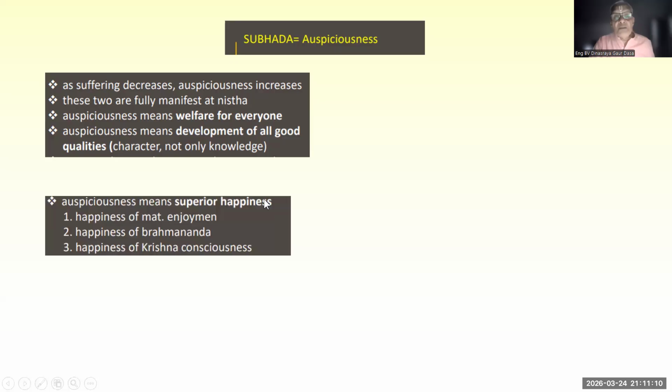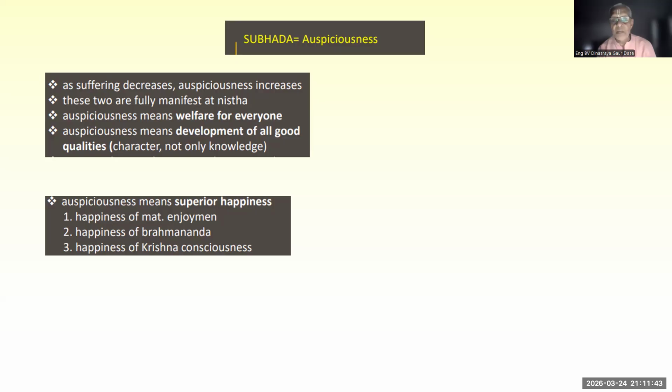So auspicious means superior happiness. Now happiness has again been divided into three. One is material enjoyment or material happiness. Second is the happiness of Brahmananda. And third is the happiness of Krishna consciousness. Material happiness, we will remember in the first chapter, the introduction part, we talked about Chapala Sukha, which means transient happiness. This moment I obtain some material object, maybe an iPhone 17 or a big television or a big house, some kind of material benefit.